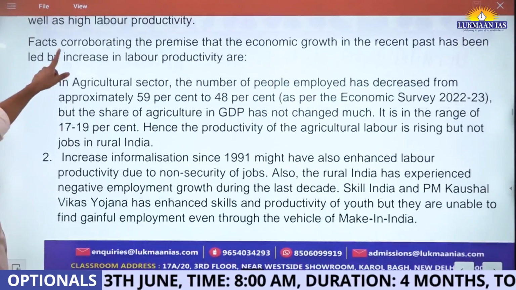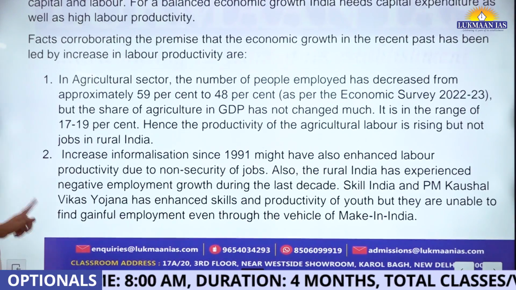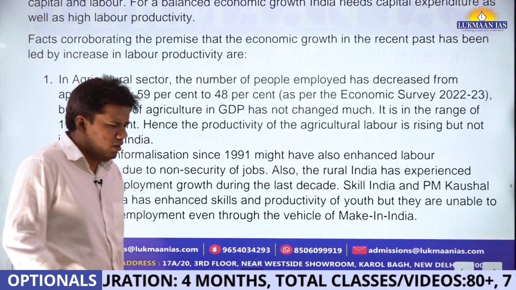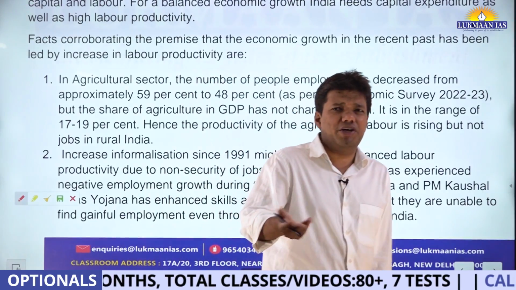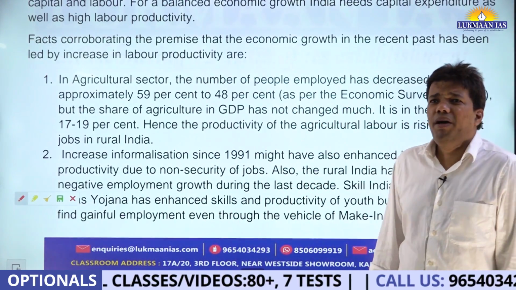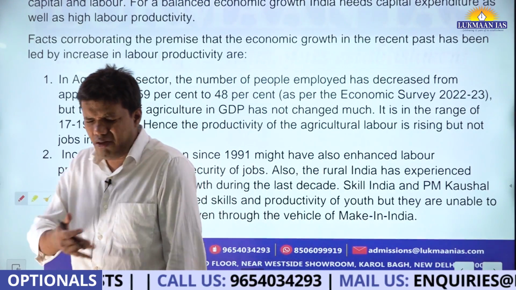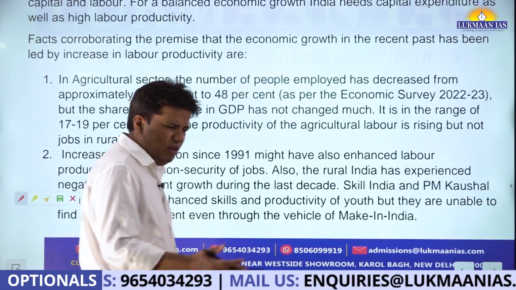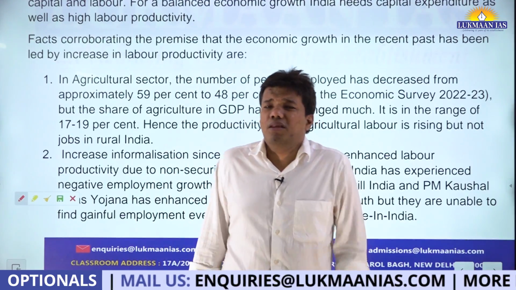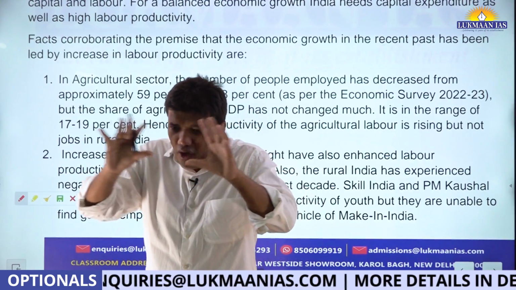So now you are talking about the facts which corroborate this. Now what is happening in the agri sector? Agri sector is around 17 to 18% of GDP, but the employment is still around 50%. It has come down; if you read Economic Survey 2023, I think it is 48, 49%. You do not have to remember the exact number, but that broad idea should be there.